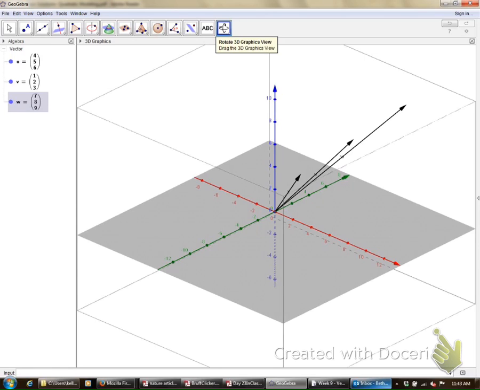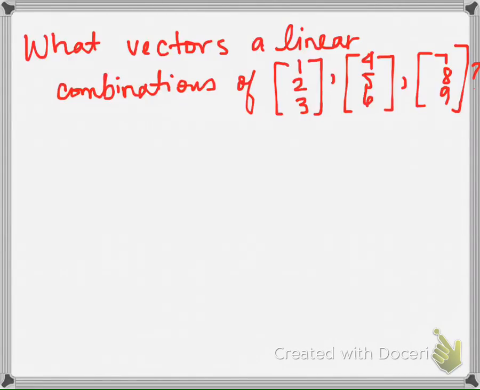Okay, so let's see how we would do this algebraically. The question we want to answer is, what vectors are linear combinations of (1, 2, 3), (4, 5, 6), and (7, 8, 9)?